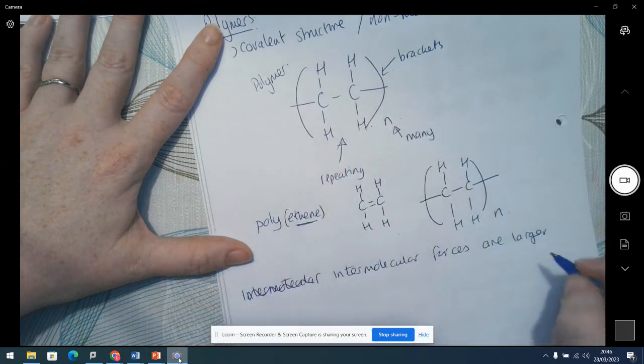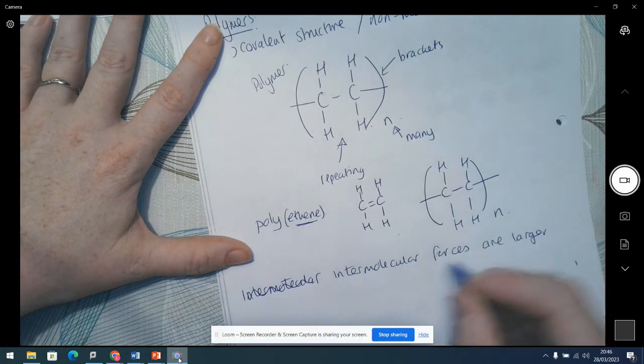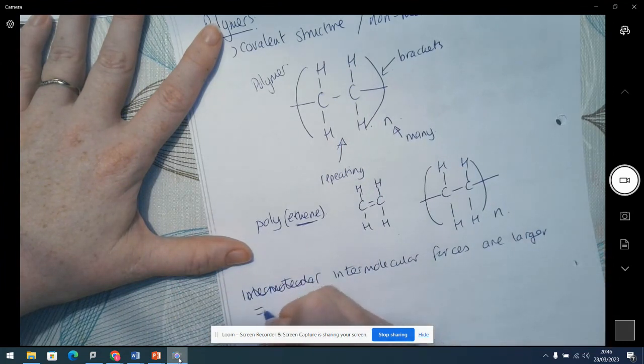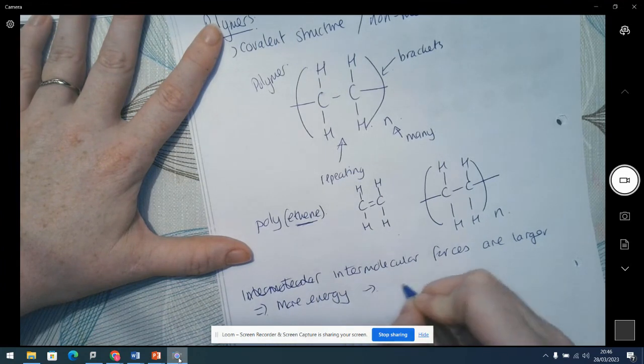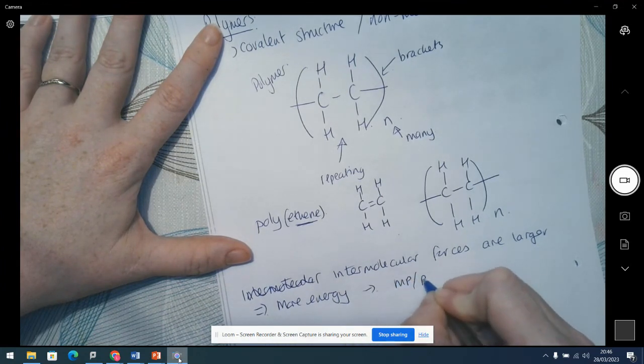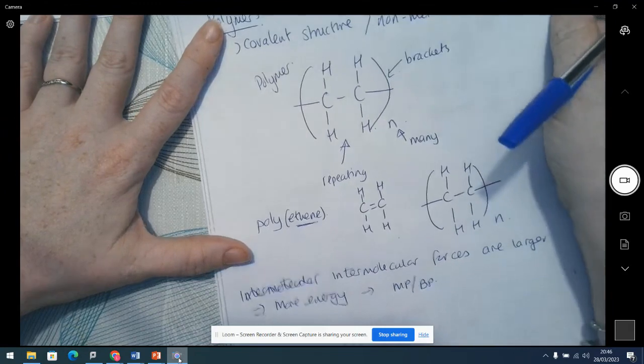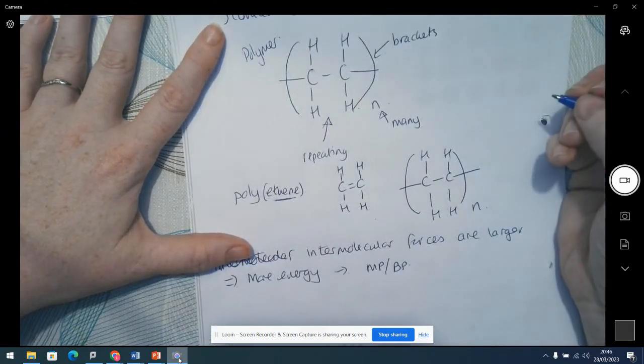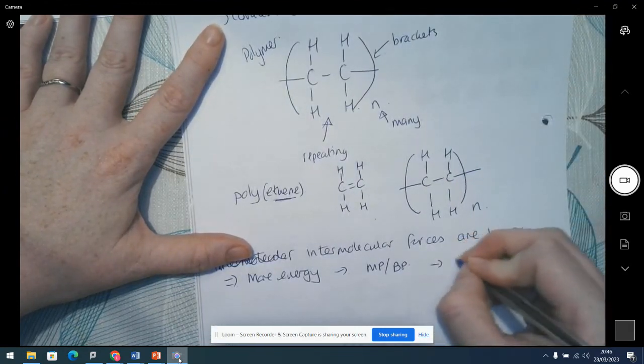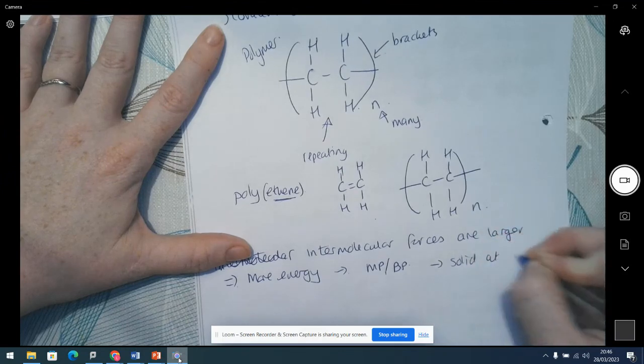And we've already explained that in the last page in the booklet. So intermolecular forces are larger. That means that there is a stronger intermolecular force, so you need more energy needed to therefore melt or boil the substance, which is why they're usually solids at room temperature.